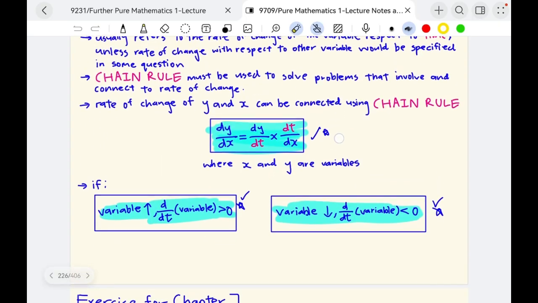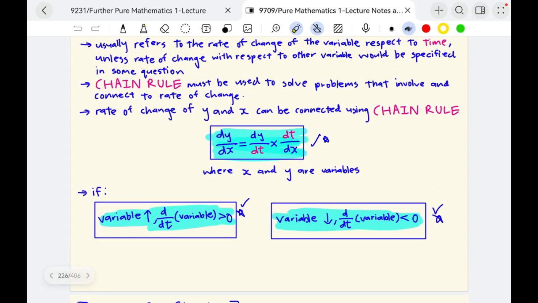And there are some variations. If the variable increases, the rate of change of the variable is positive. If the variable decreases, its rate of change is less than 0.